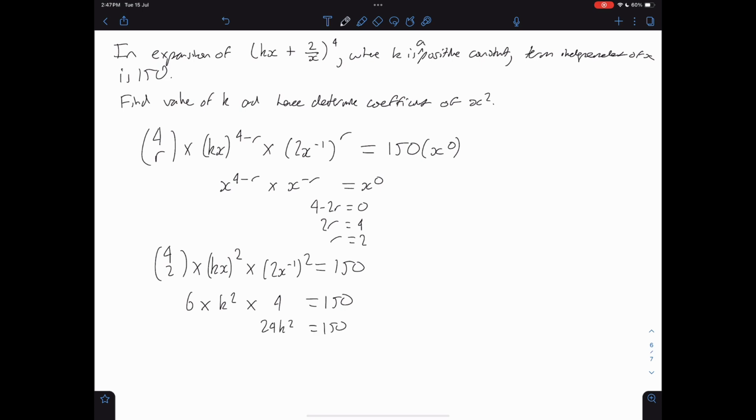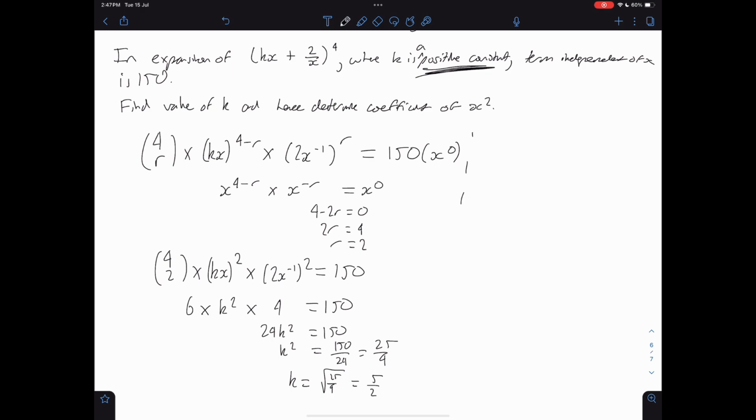So that gives us 24k squared equals 150. k squared equals 150 over 24, which simplifies down to 25 over 4. And then to get k, we take the positive root of that, and so that'll be 5 over 2.